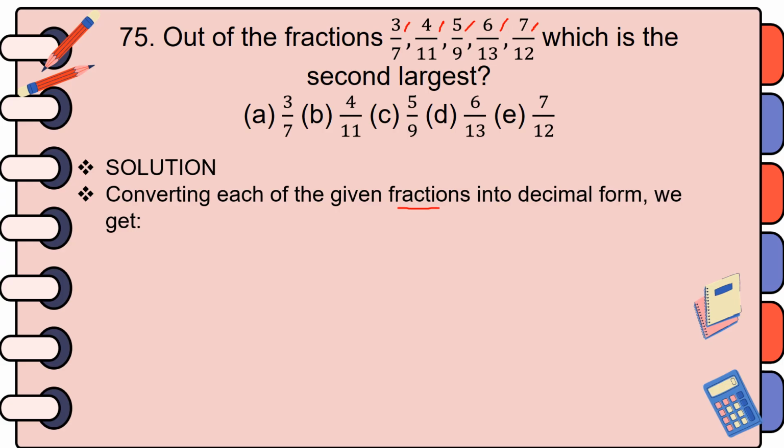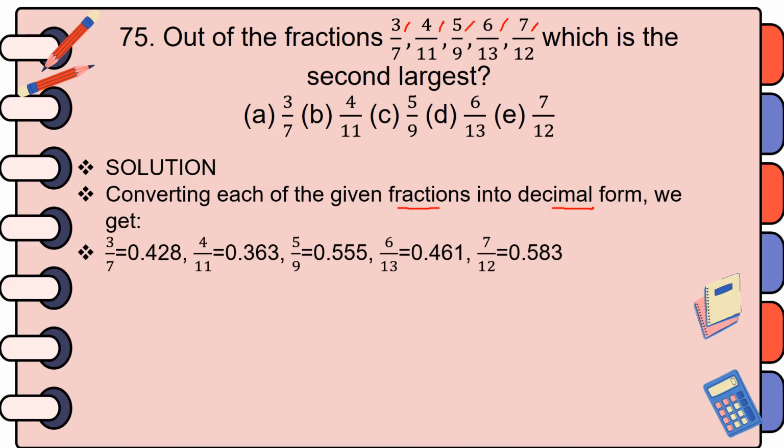The fractions must be converted into decimal form to make a comparison as to which one is the largest and which one is the least. When you convert these fractions into decimal form, that means you have to divide the numerator by the denominator.